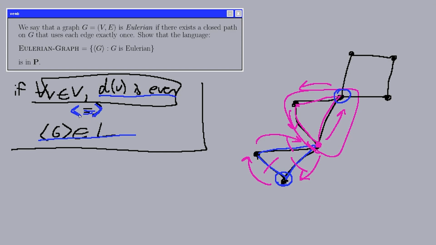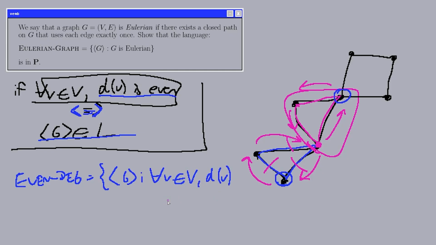So basically, the Eulerian-Graph language is the same language as the language EvenDegree, that is, all the graphs such that for all v in the set of vertices, the degree of v is even. And so this is equivalent to our initial language.